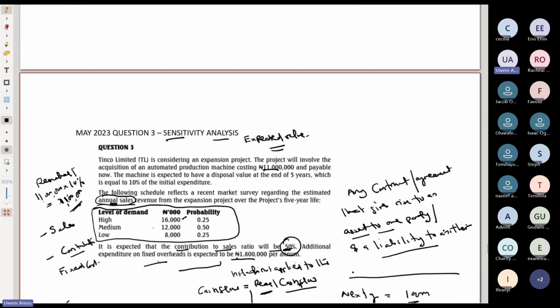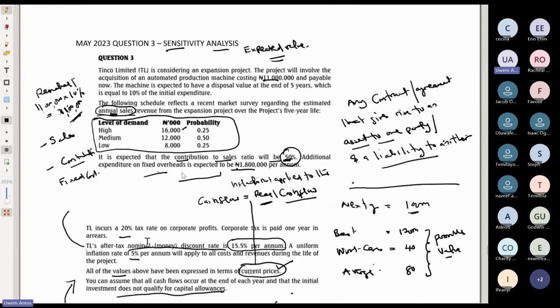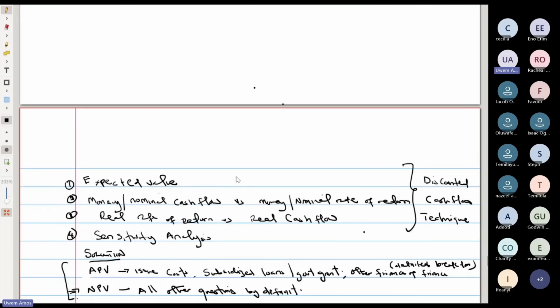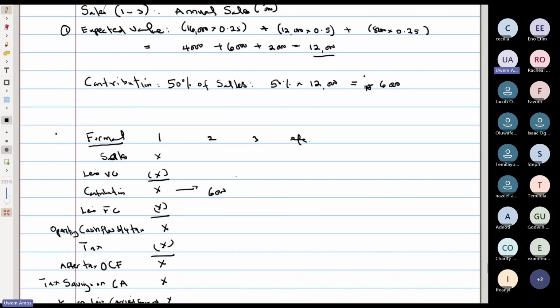The question tells us that our additional expenditure on fixed overhead is expected to be 1.8 million. We're taking off 3 zeros in our computation, so that is 1,800. So our fixed cost would be 1.8, taking off 3 zeros. So we have a fixed cost here as 1.8.